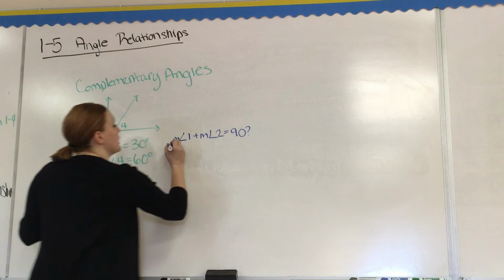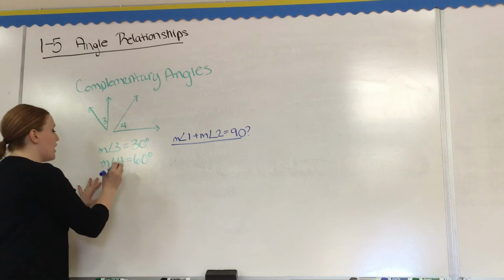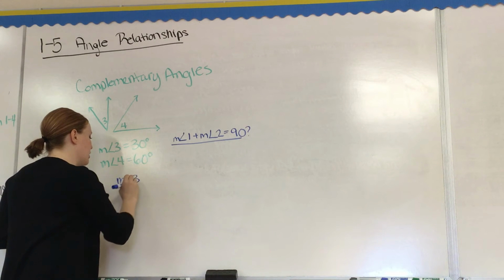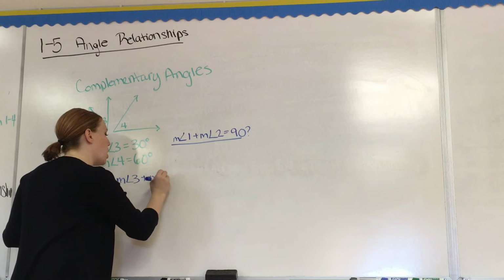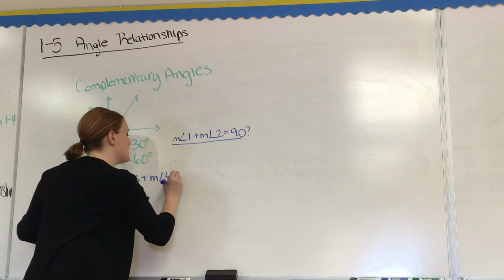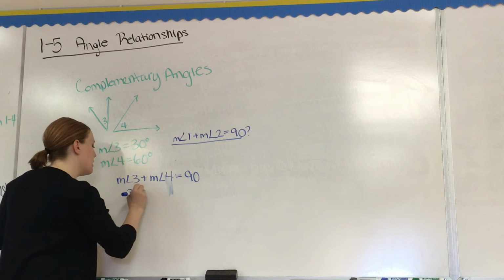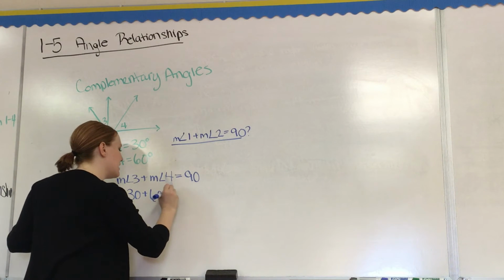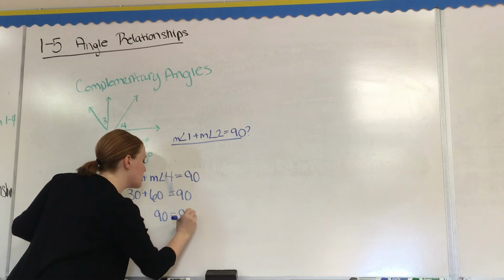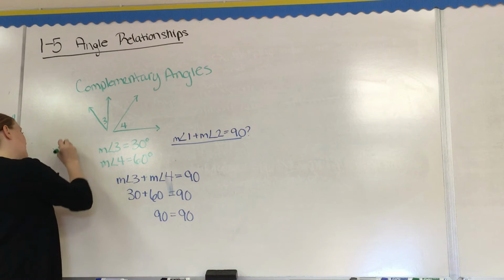If this is true, it is a complementary angle. So the measure of angle 3 plus the measure of angle 4 equals 90? We get 30 plus 60. Does this equal 90? 90 equals 90. That is good. So these are complementary.